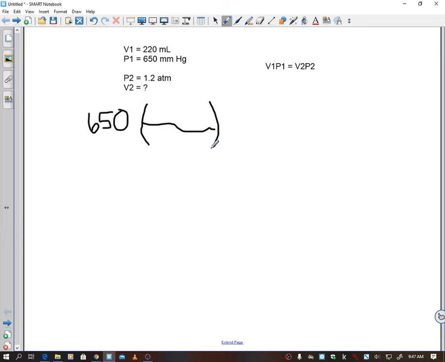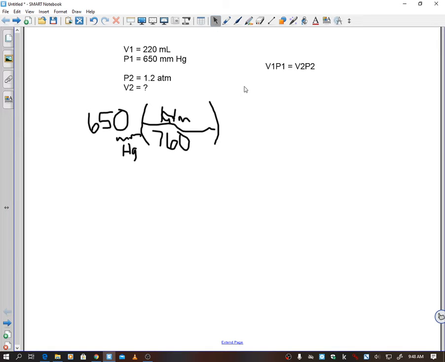This pen is not working real well. Down here is going to be millimeters of mercury, and I know that there are 760 millimeters of mercury in one atm. Oh my goodness, guys, I'm going to have to figure out some other way around this.